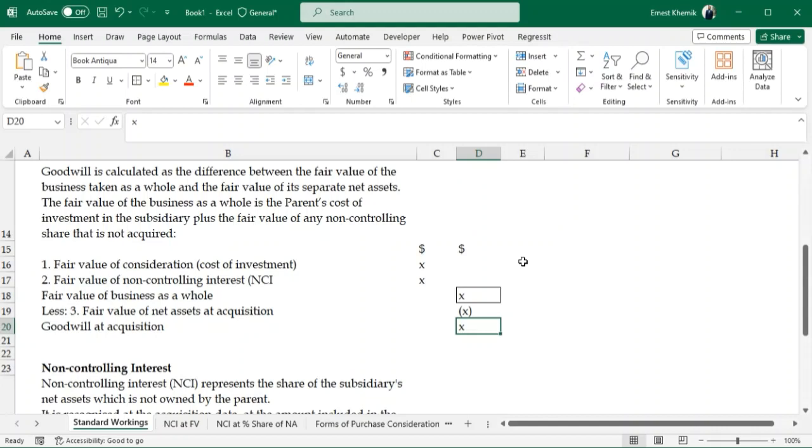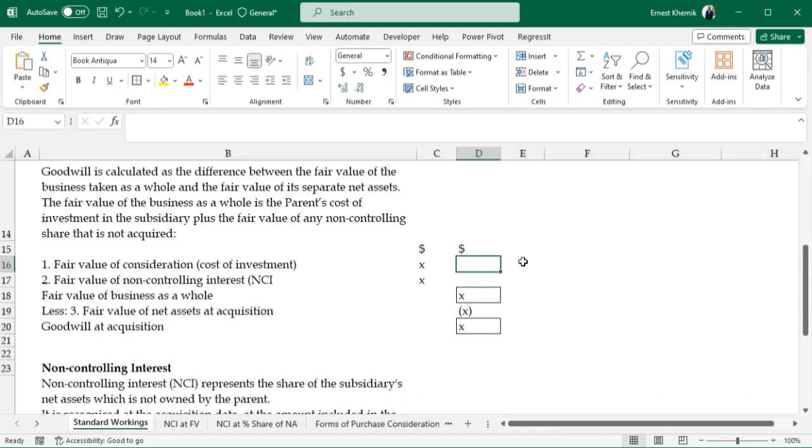So usually there is a difference between the value of the business taken as a whole and the value of the individual assets making up the business. All right, so that is what we call goodwill. I want you to get this very carefully, because financial reporting does not just test your number crunching, it tests your understanding of the concepts within consolidation.